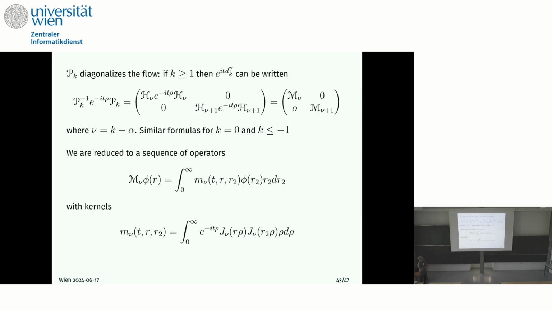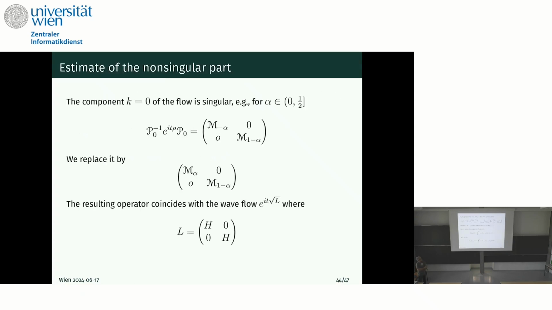Once you do this, each component of the flow takes this form. It becomes diagonal. And we are reduced to investigate this kind of operators, which are quite nice. We have a lot of explicit information, because of the Bessel function, of course. For the non-singular part, we are used to estimate this.